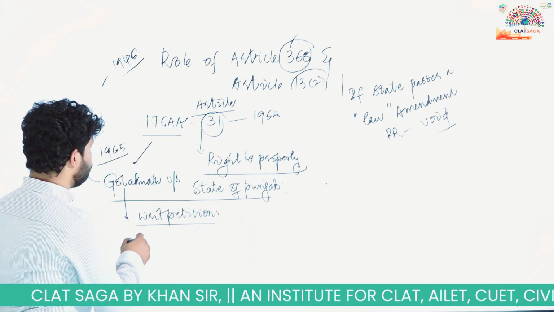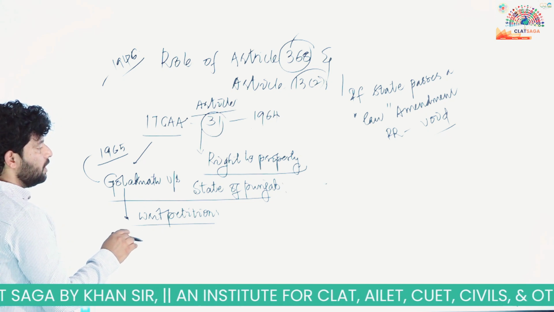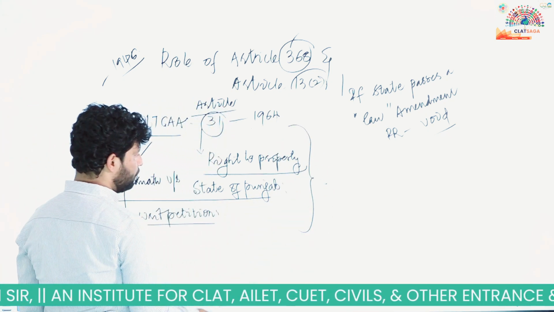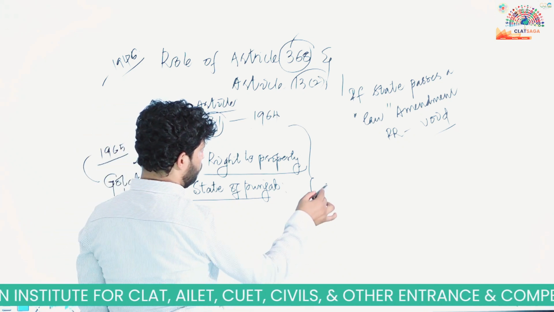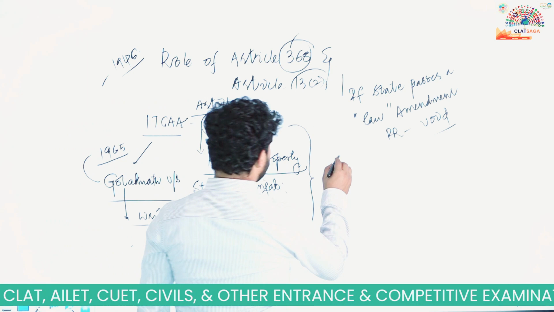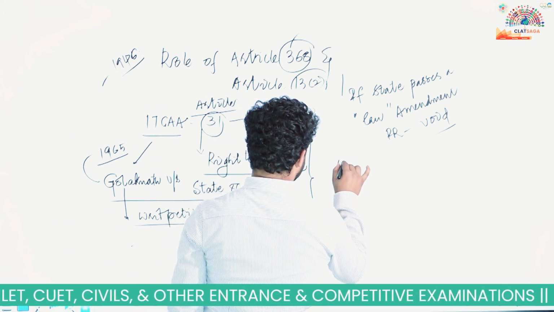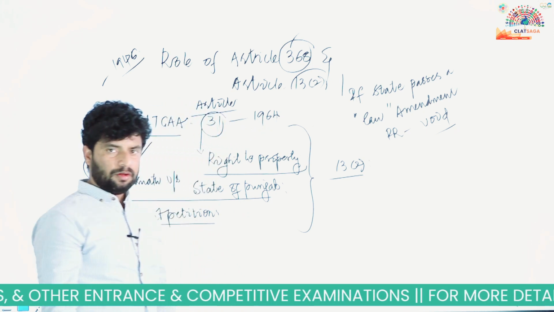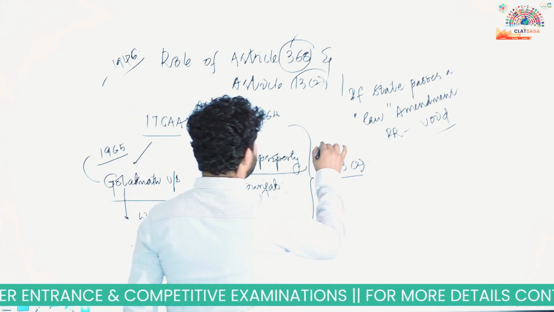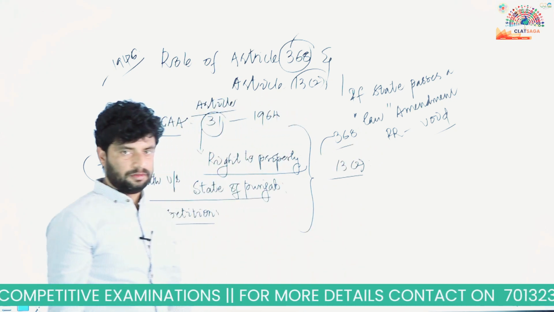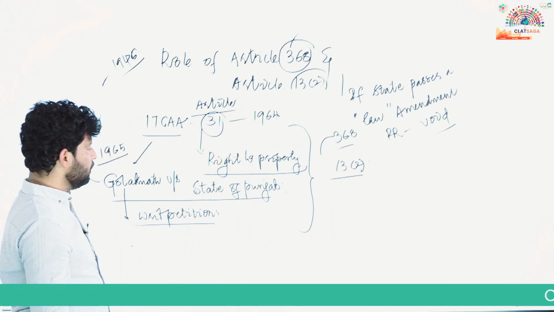Keeping that in view, in the Golaknath versus State of Punjab case, the Supreme Court of India clearly interpreted that Article 13 subclause 2 becomes supreme, whereas Article 368 becomes subordinate to the fundamental rights. What does it mean exactly?